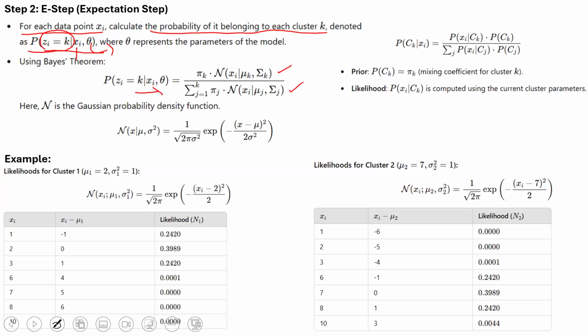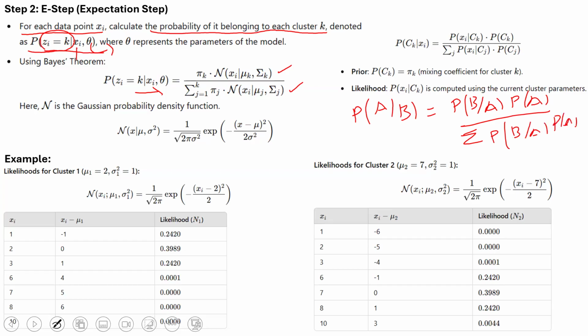Now the Bayes theorem. What does Bayes theorem say? The probability of A given B is equal to the probability of B given A times the prior probability, divided by the sum over all the possible combinations, so you do the summation for all the clusters.